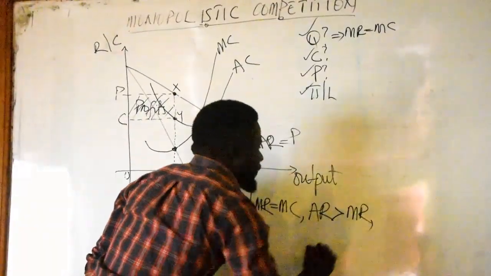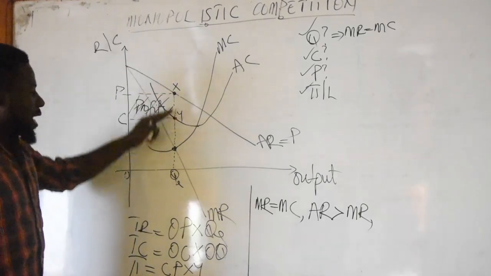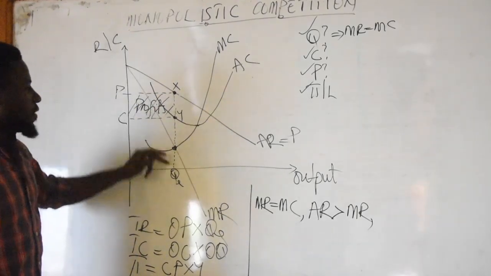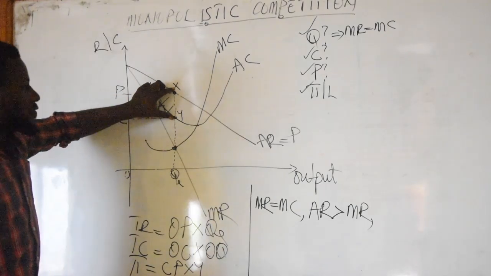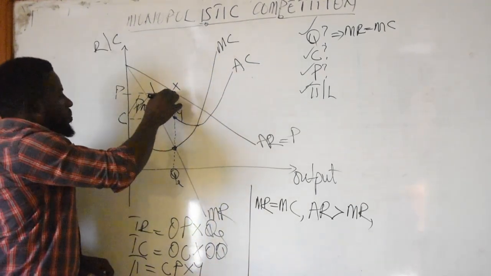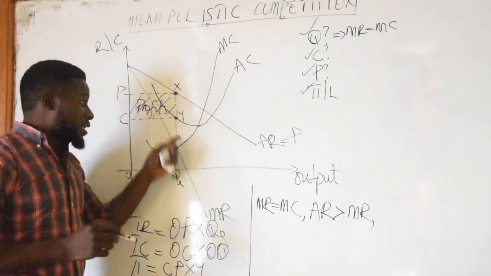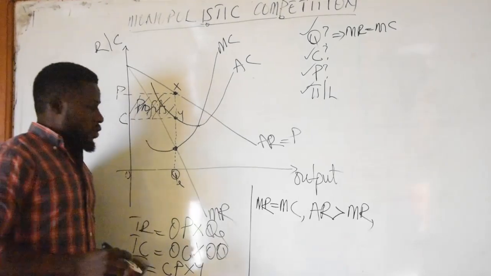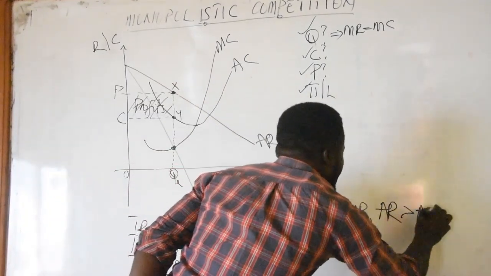And then, finally, we realize that at this output level, the firm's average revenue is also greater than its average cost. Average revenue is at point X, while average cost is at point Y. So we see that AR is greater than AC.